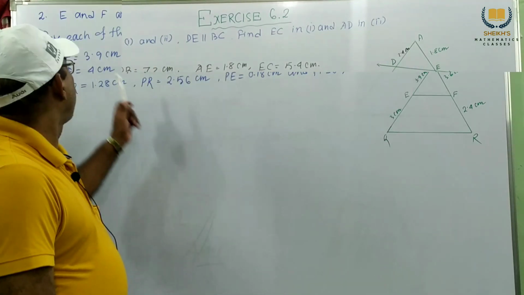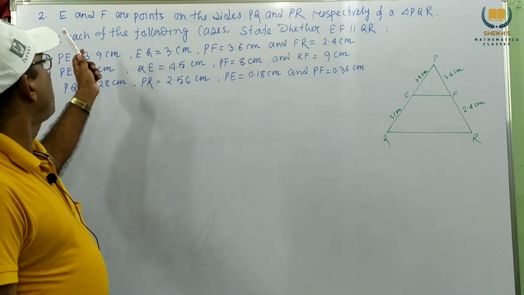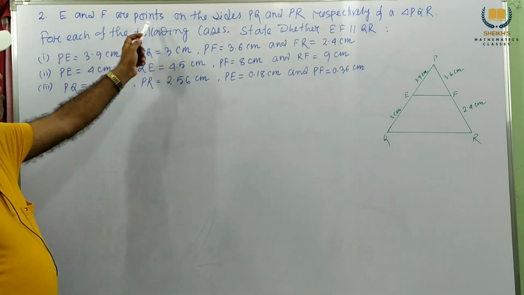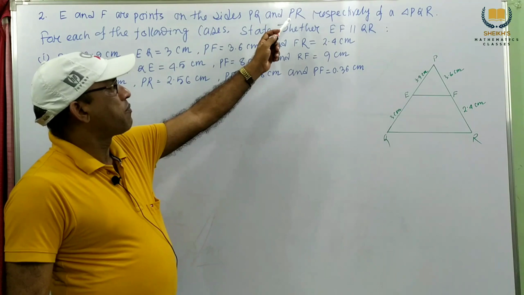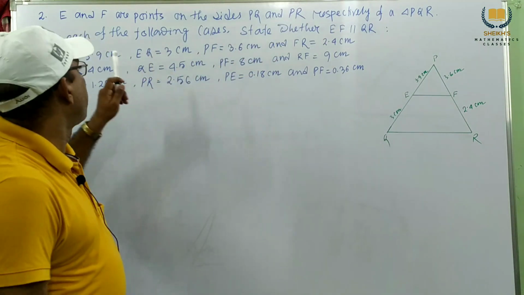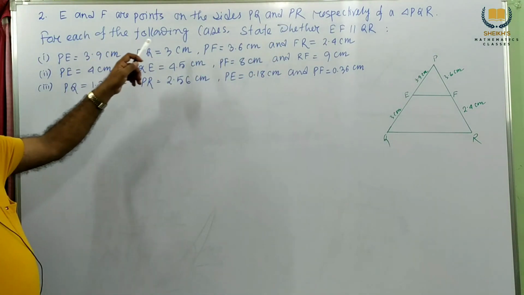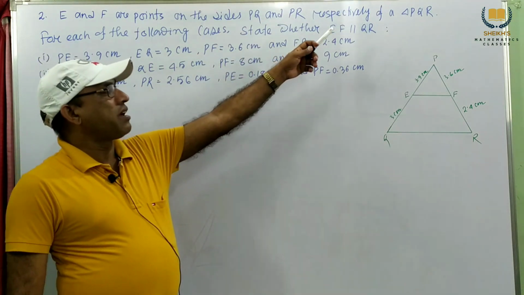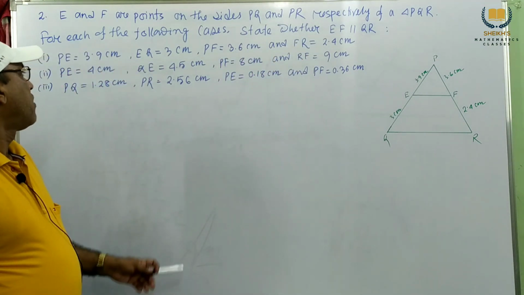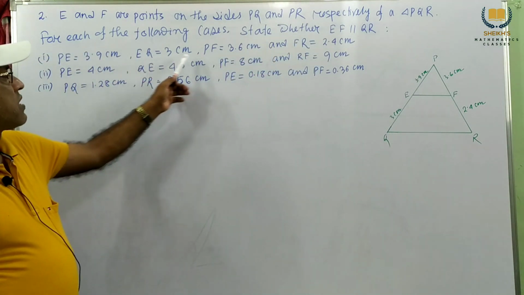Now we consider problem number 2. E and F are points on the sides PQ and PR respectively of a triangle PQR. For each of the following cases, state whether EF is parallel to QR or not. These values are given.